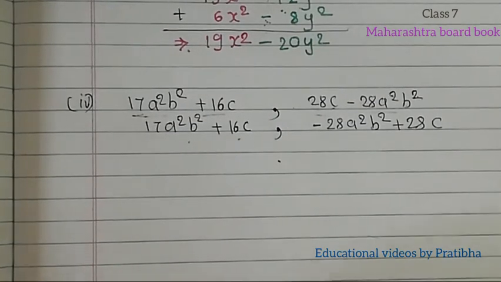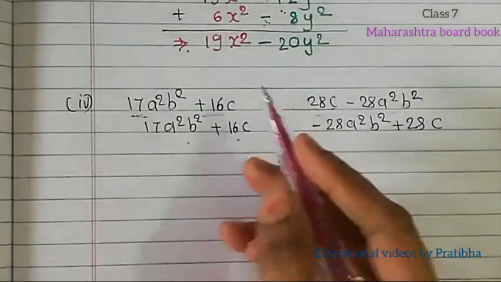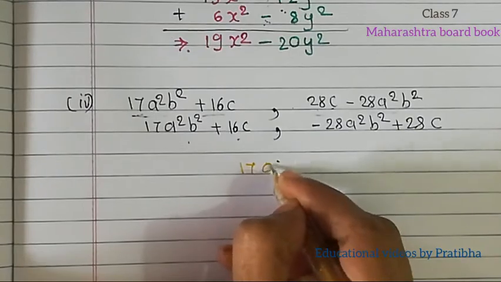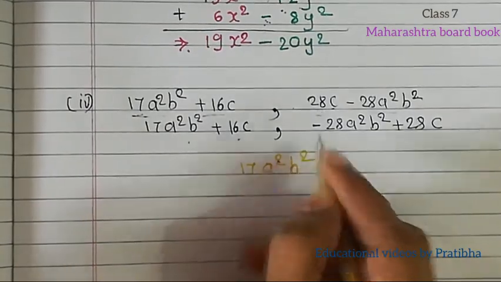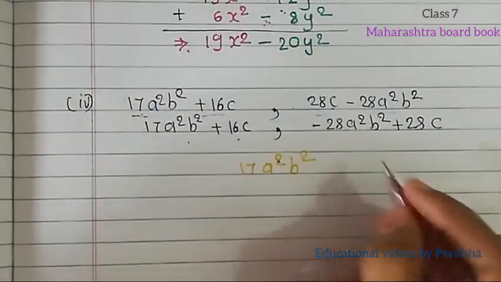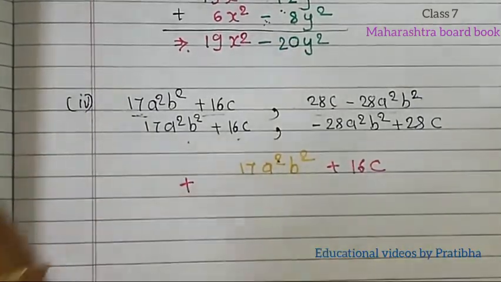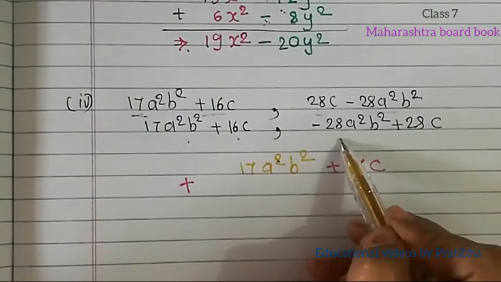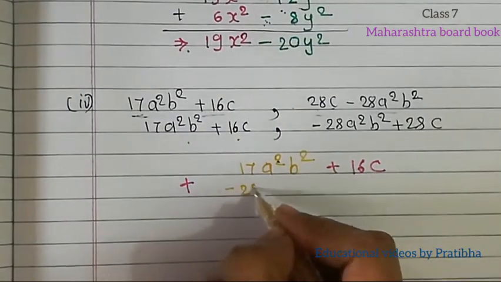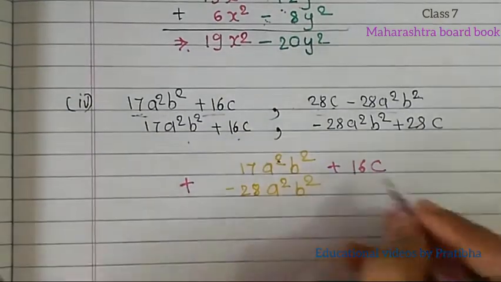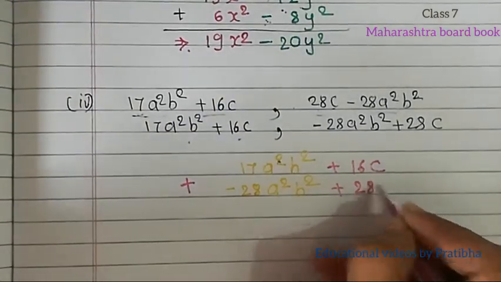I'm going to arrange them in the vertical manner. So first I'm going to write the first term, that is 17a square b square. Then I'm going to write the second term, that is plus 16c plus, now in the second expression, first term is minus 28a square b square plus 28c.